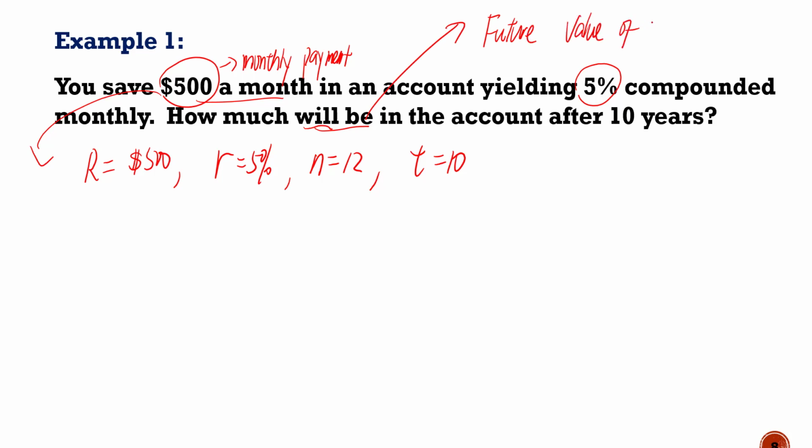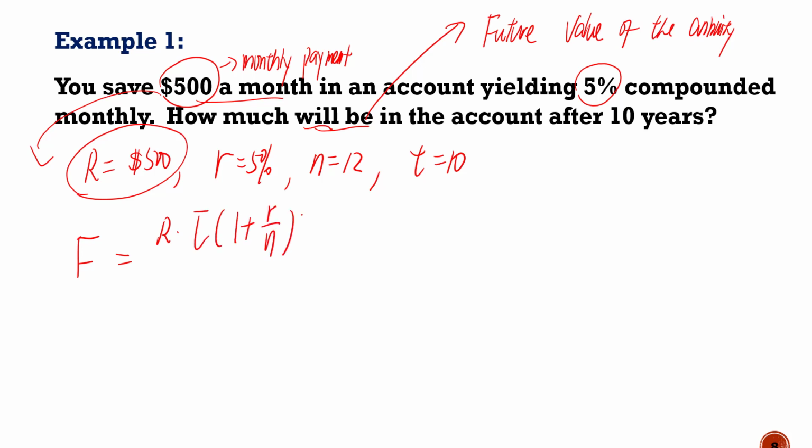We are talking about the future value of the annuity. We have two elements here: the regular payment of $500, and also the lump sum, one-time payment in 10 years. So the future value of the annuity equals regular payment times open bracket, (1 plus r over n) to the nt, minus 1, over r over n. We know all these numbers, so all we have to do is put them in.